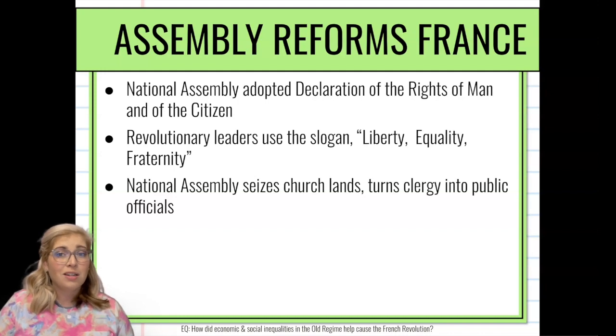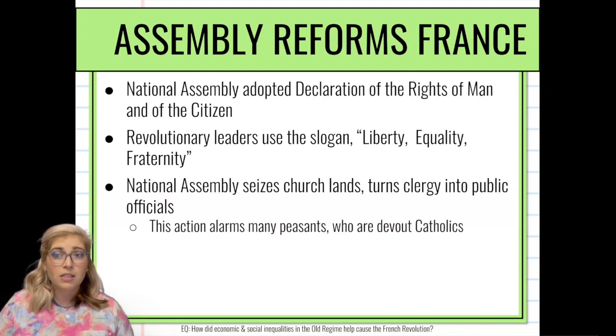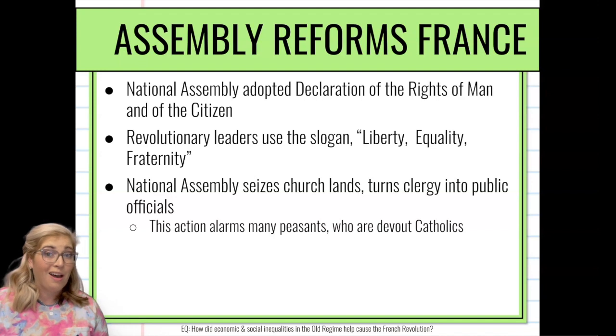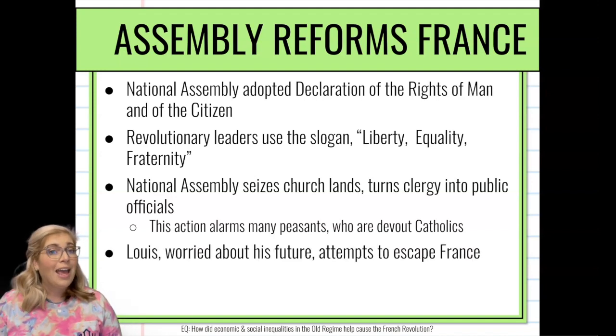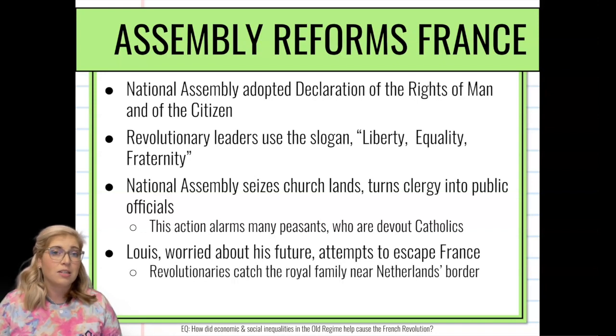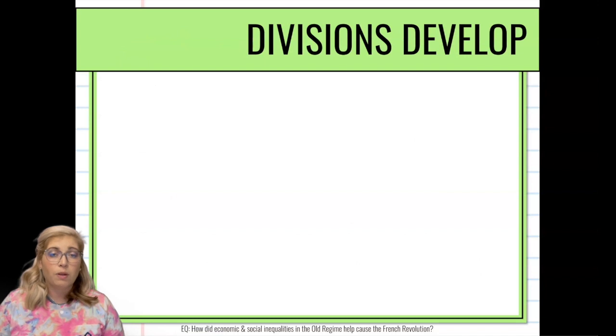This action alarms a lot of other peasants because a lot of them are still devout Catholics. Louis is very worried about his future, and he tries to escape France, but he and the royal family are caught near the border with the Netherlands, so he's unsuccessful in that escape. We see a lot of divisions start to develop in France as well.